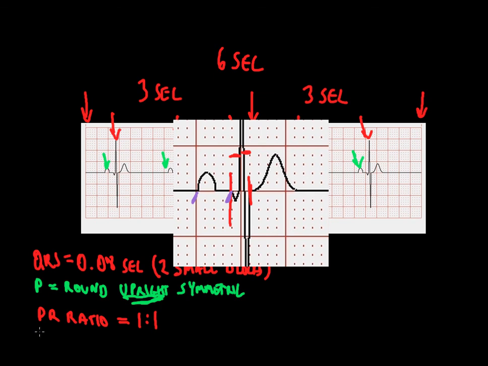So what I'm going to do is say PR interval is equal to 3.